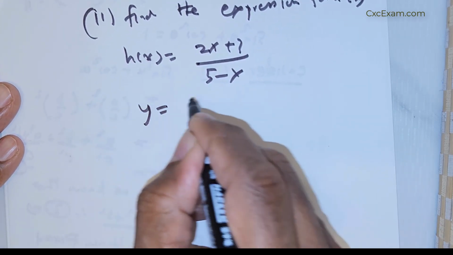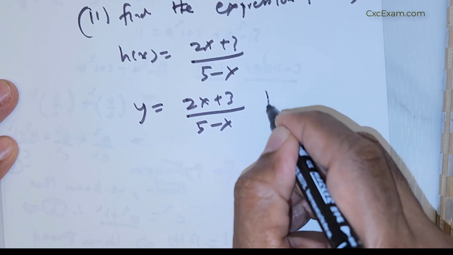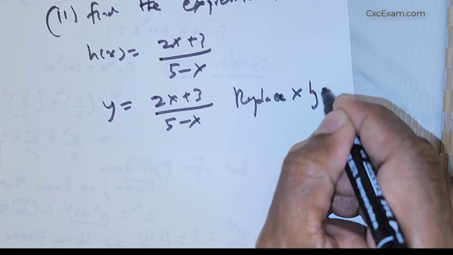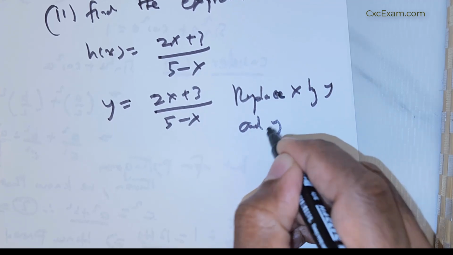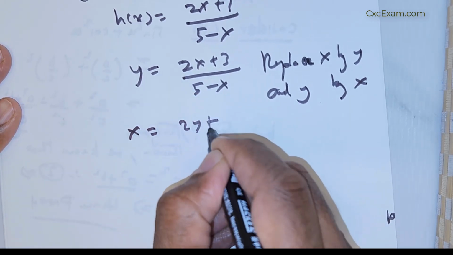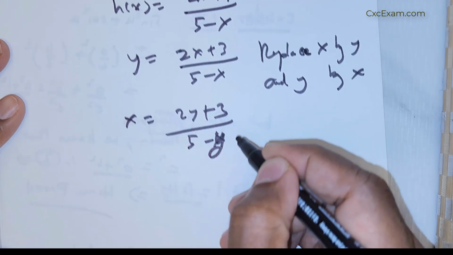So I'm going to write this as y is equal to (2x + 3) over (5 - x). Now you replace x by y and y by x. So over here you get x equal to (2y + 3) divided by (5 - y).